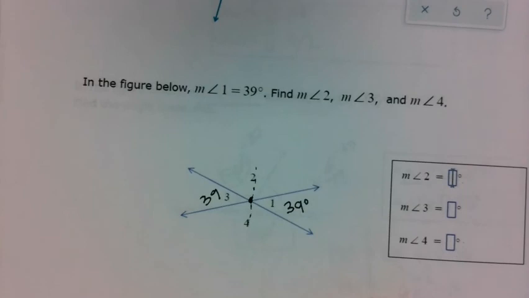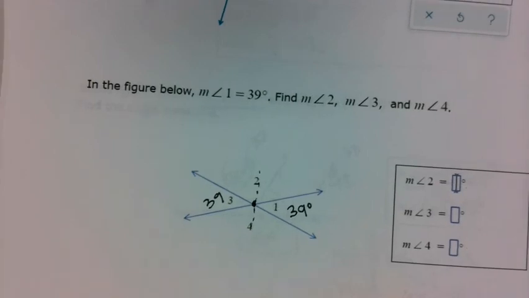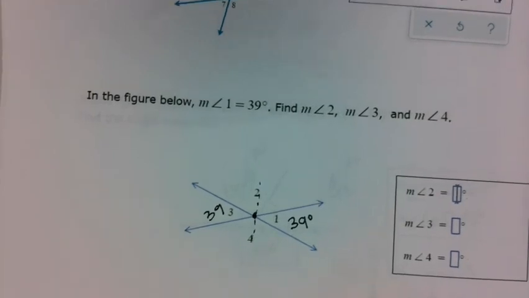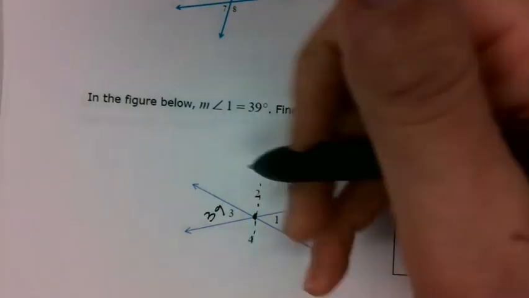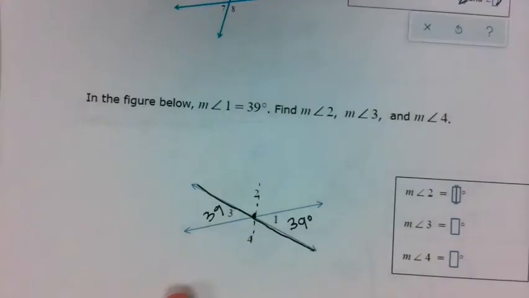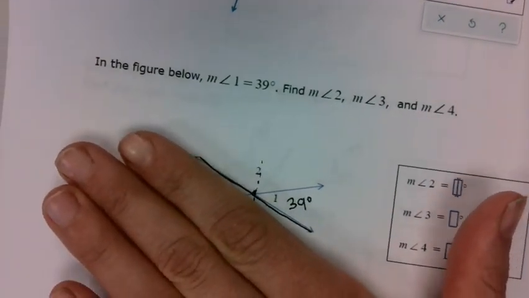Now how do I find angle 2 and angle 4? Well, I can tell that they're bigger than 39, but how do I go about finding out exactly how big? Well, I'm going to notice that I have a straight line right here. And like I said last time, anytime you identify that straight line, ignore what's on the other side.